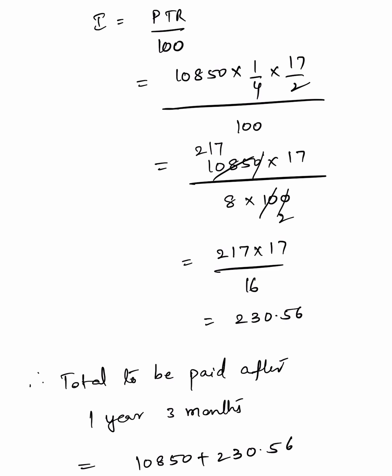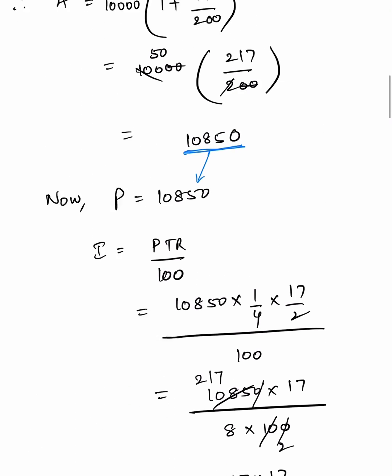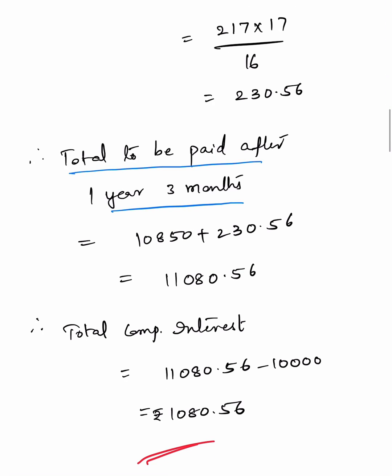This is the interest. So what is the amount to be paid after 1 year 3 months? What is the total? This 10,850 plus 230.56, which is equal to 11,080.56. So the total compound interest is 11,080.56 minus 10,000.